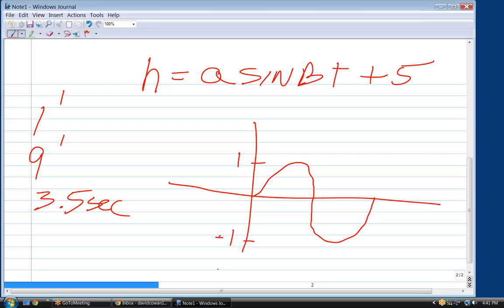We know A in this curve is 1, correct? So we got 1 by taking the maximum 1, subtracting the minimum minus 1, which is 2, and then dividing by 2. So it gives us the peak of this amplitude.